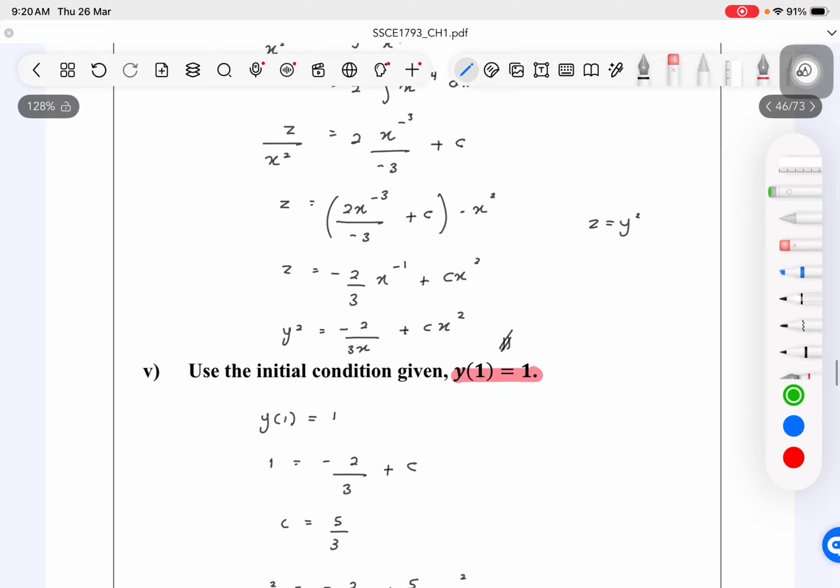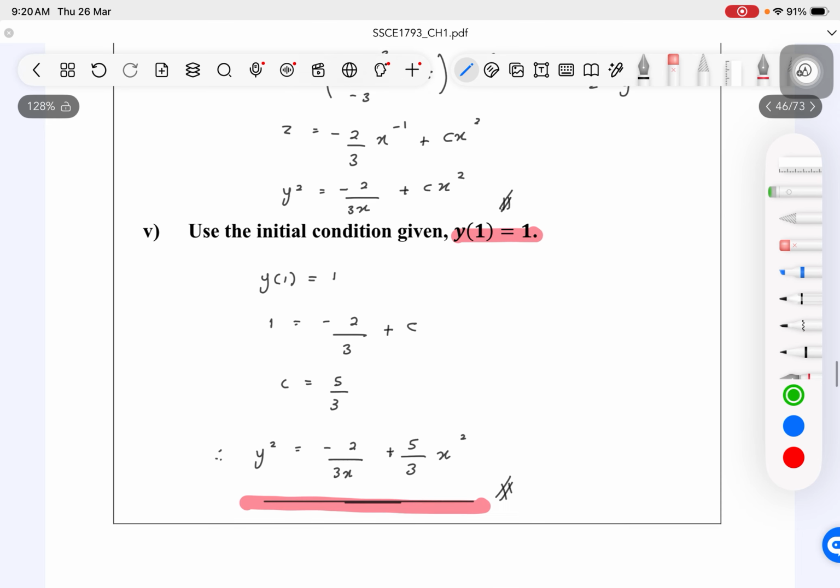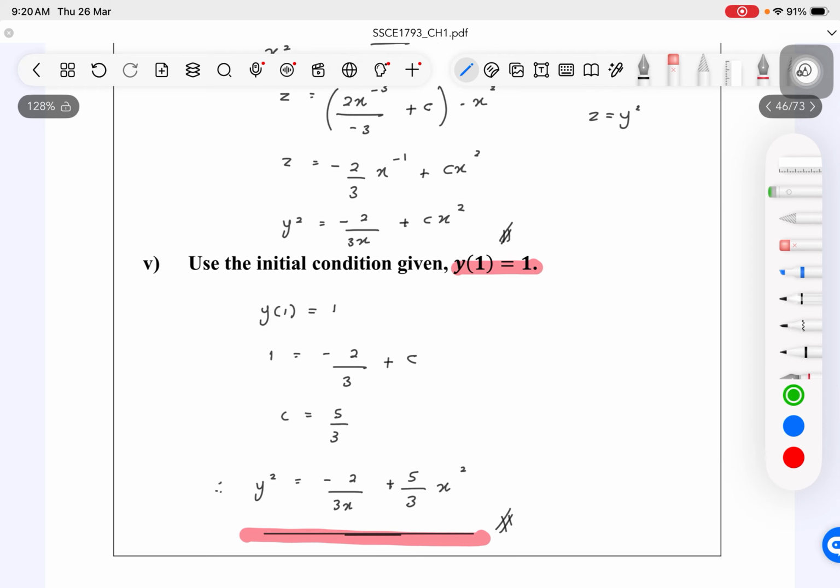Given in the question is the initial condition where y(1) is equal to 1, so you need to find the value of c, where x is equal to 1 and y is equal to 1. Now we obtain c is equal to 5 over 3. Substitute 5 over 3 into c here, so your final answer becomes this one.